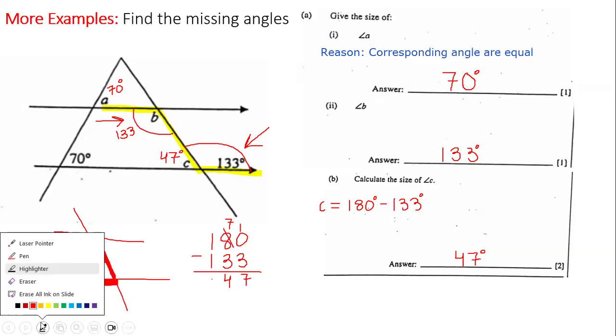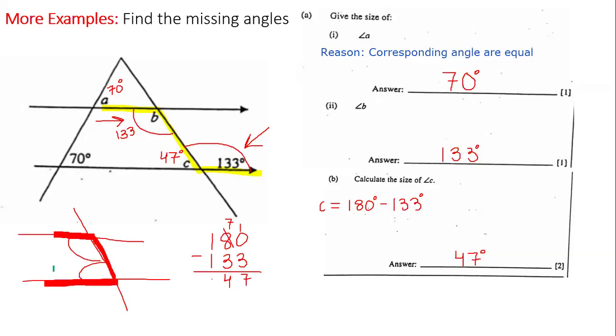So if this is 133, then this must be 47, because if you add the two, you still get 180. So it could work as well.